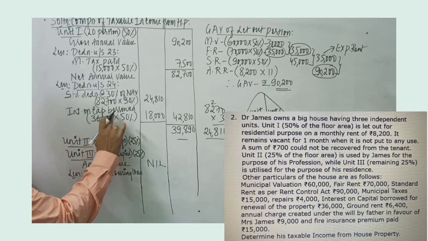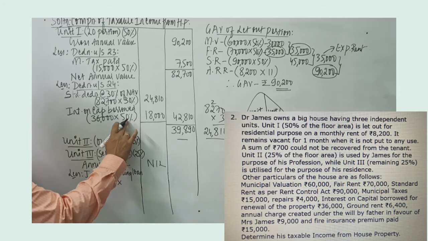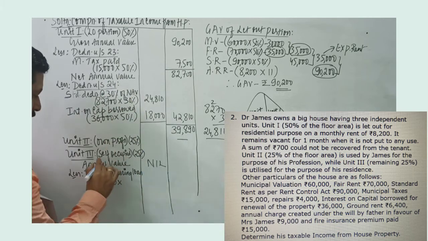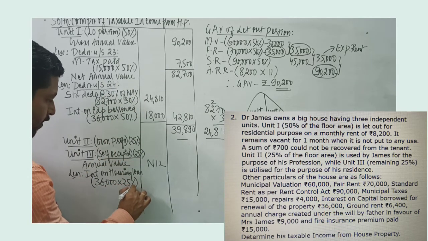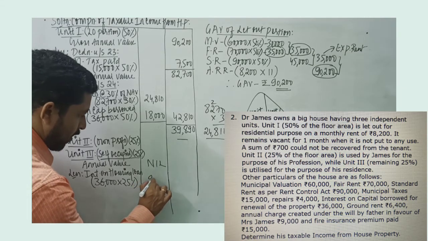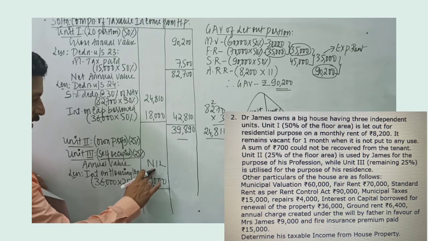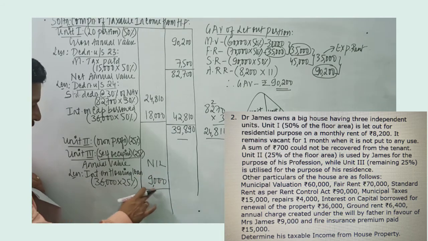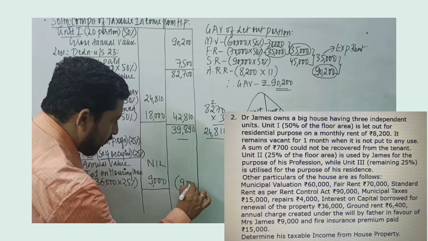So, interest on capital borrowed, same 36,000 is the amount, and where earlier it was 50%, this is only 25%. So 25% of 36,000 is 9,000. So nil minus 9,000 will give you a negative value of 9,000.